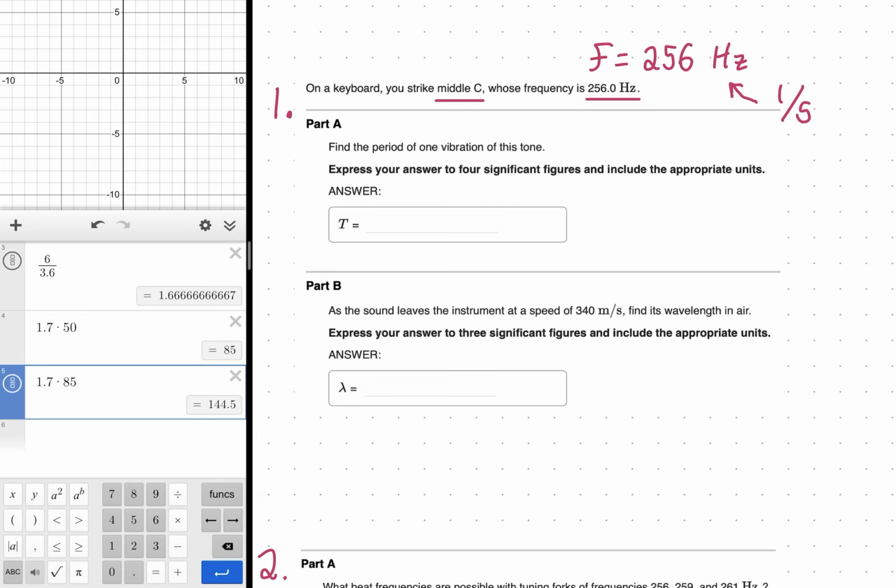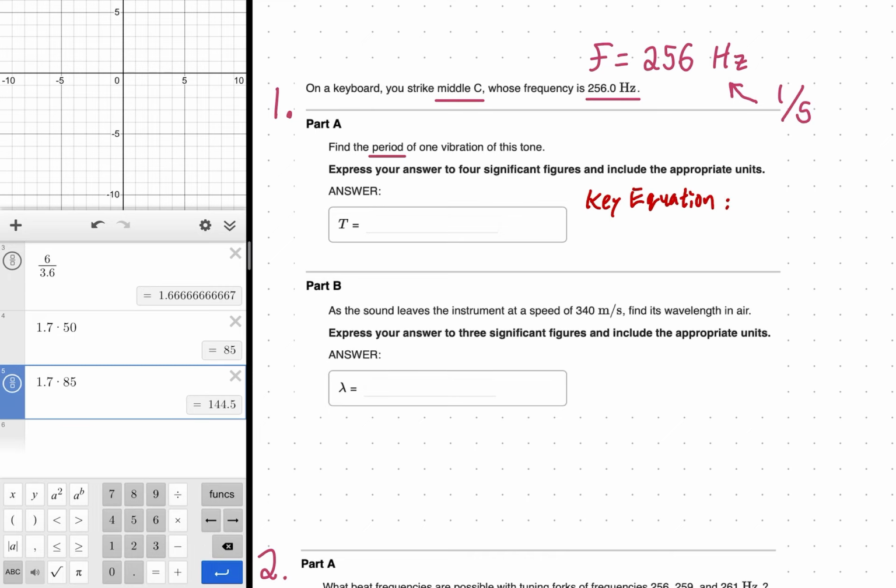And we're told to, with that information, find the period. And to do that, we need the relationship, which is just the definition of frequency and period, how they're related to each other. And that formula is, let's switch over and write this as our key equation.